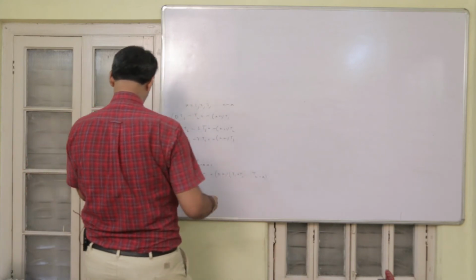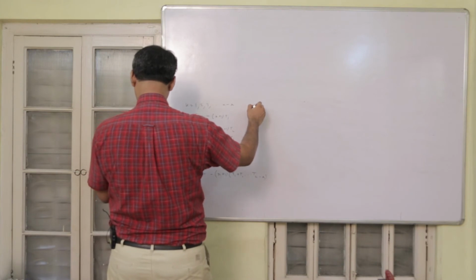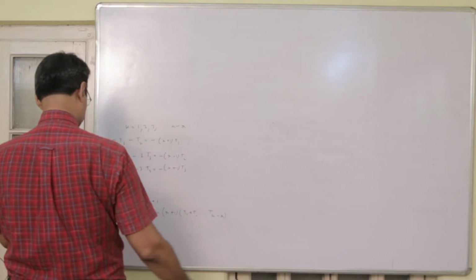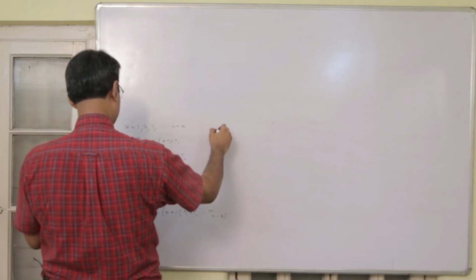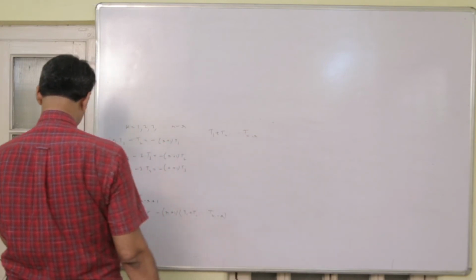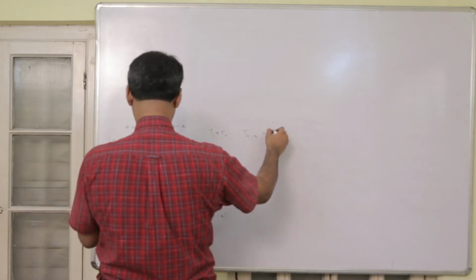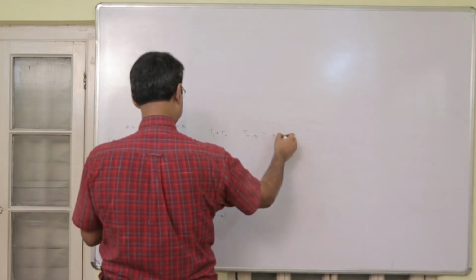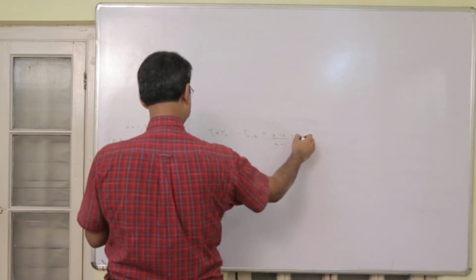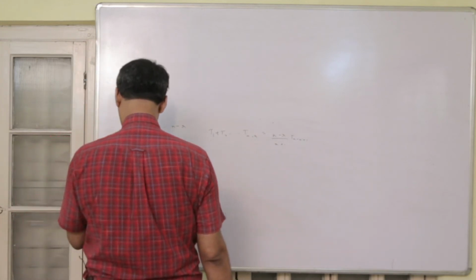Now suppose on both sides you add Tn minus r, so n minus r by r plus 1 into Tn minus r plus 1.